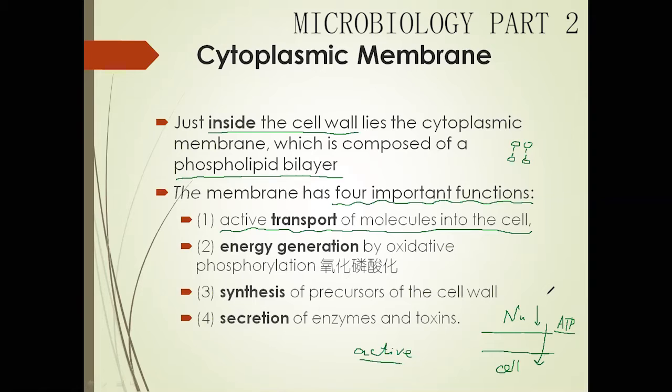It's pretty similar here. They still need to use energy to transport from outside of the bacterial cell to inside of the bacterial cell. So when we talk about active, it means we need to use energy. Anything going inside of the bacteria must pass through the membrane part.